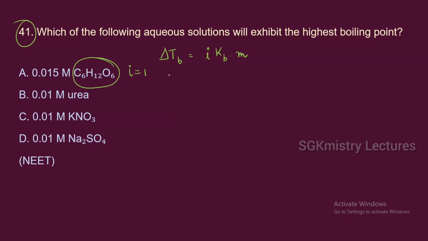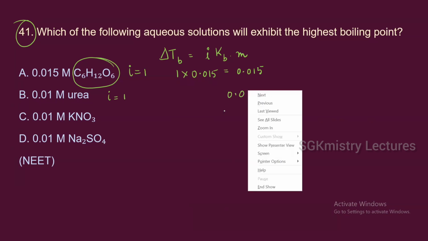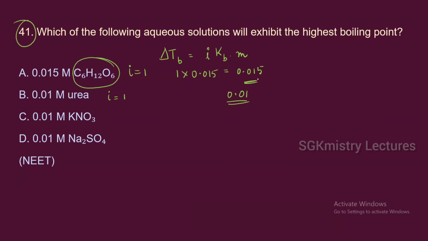Now, when I'm talking about the concentration, it will be 1 into 0.015, which is 0.015 molality, or I'll just write the concentration as such. Next, here we have 0.01 molar urea. Here also i is equal to 1. So again the concentration will be 0.01. Okay. Next, talking about KNO3.